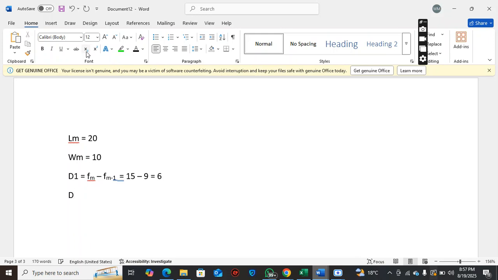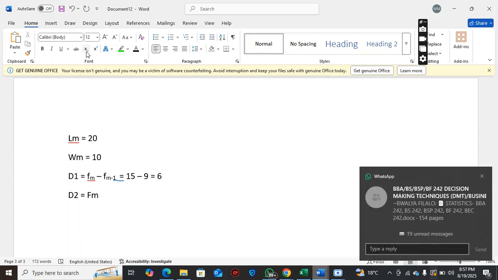Then D2 is Fm, the frequency of the modal class, minus the frequency of the class after the modal class.